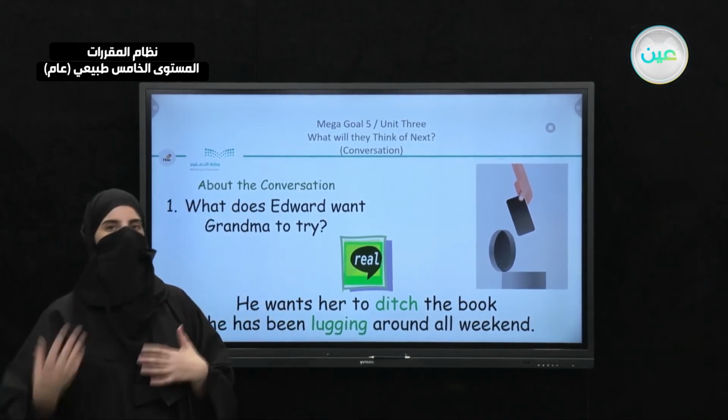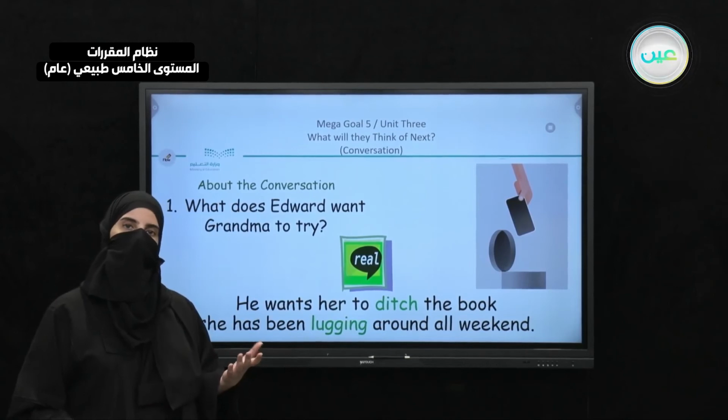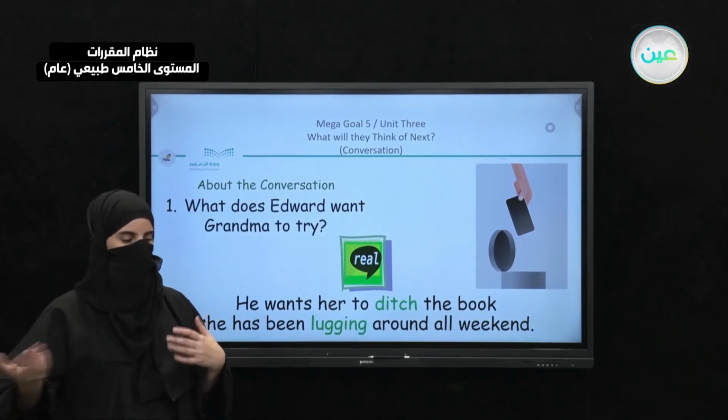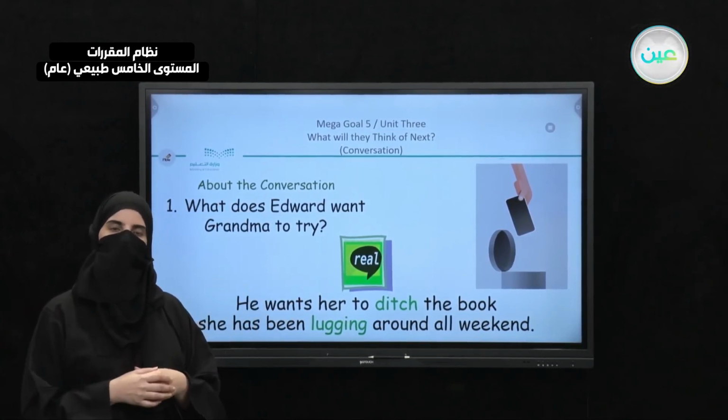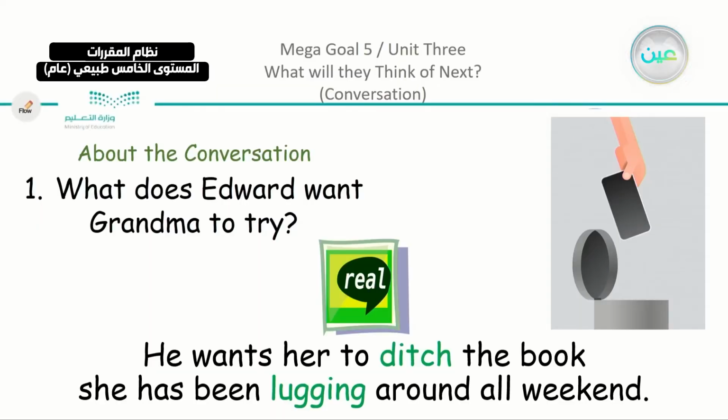So to ditch an idea, to ditch a book, means to get rid of something or to change it. And he sees that she has been lugging the book around all weekend. Why does he want her to ditch the book? Because she has been lugging the book around. Lugging is close to this picture here.